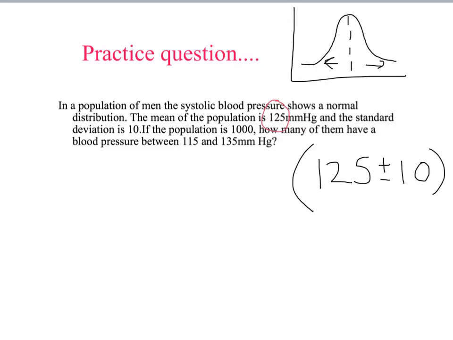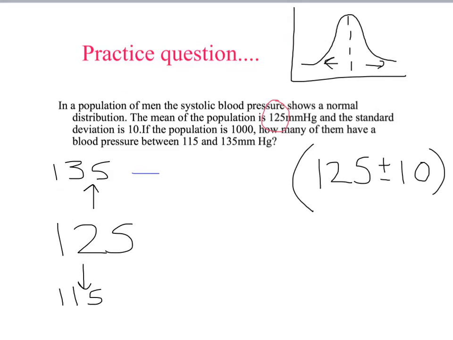So if we have just here our mean, and we want to go as high as 135 and as low as 115, what hopefully you might notice is that this 125 to 135, that difference there is actually 10, which is the equivalent of one standard deviation. 115 to 125 is equally 10. That is one lot of standard deviation.